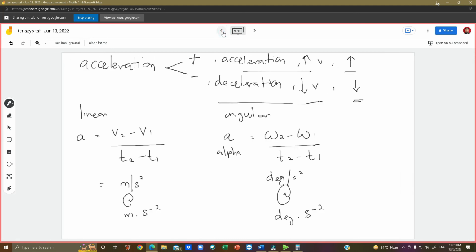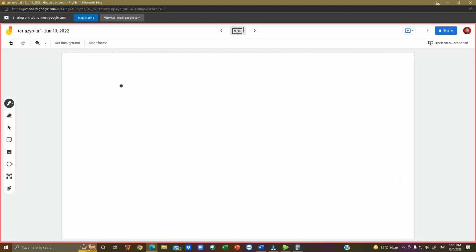Let's try another example. Satu lagi acceleration. Okay, katalah kita ada, we have a wheelchair. We have people sitting on a wheelchair, and the wheelchair rolls down a ramp.